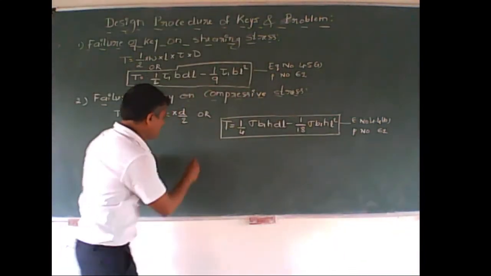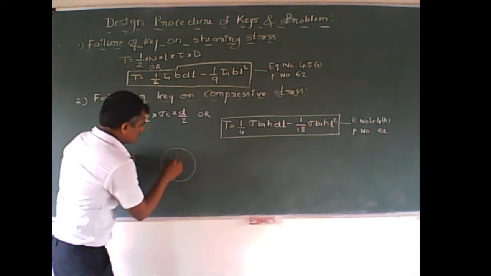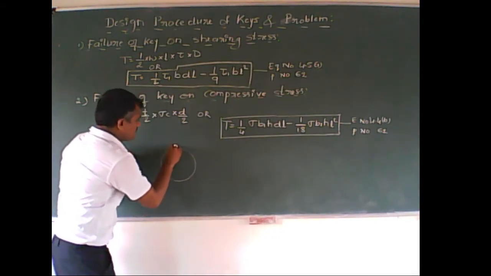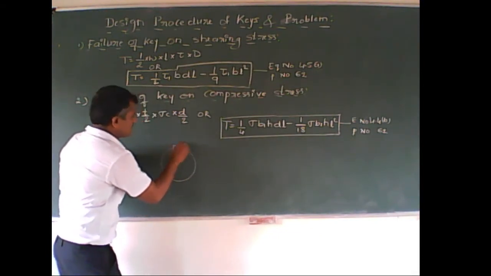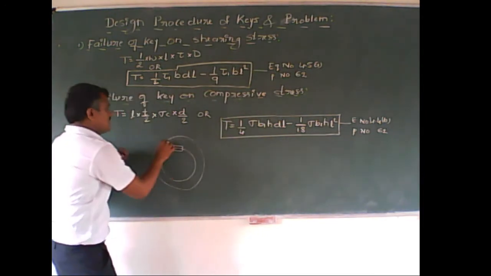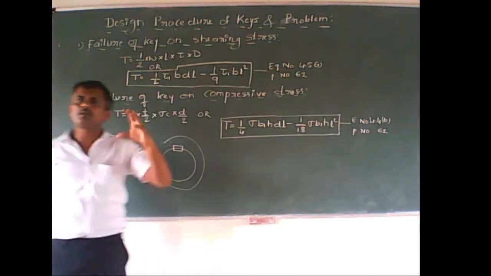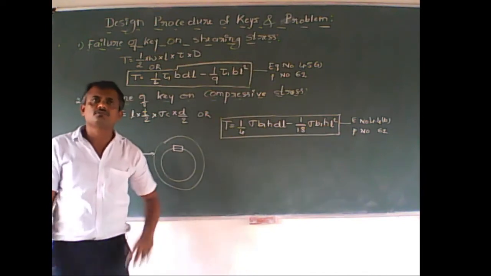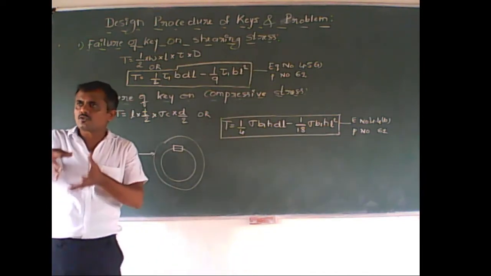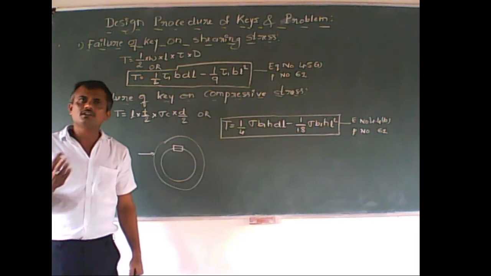So let me briefly draw the sketch of a key. Here, if you take this as a sunk key, and around that I would like to consider a coupling body, muff or a flange, which is used for holding the shaft. So why is the key provided?